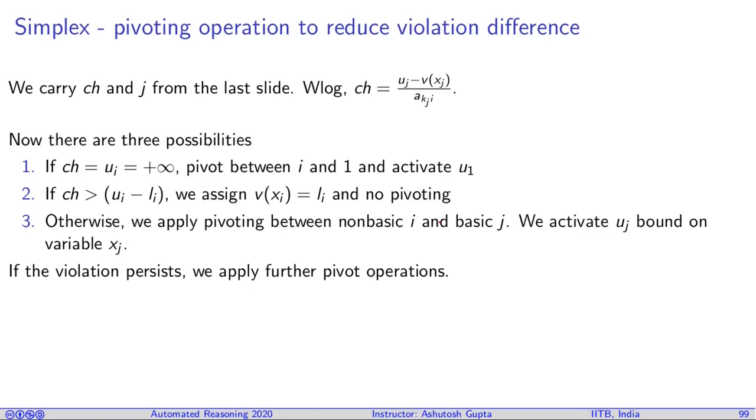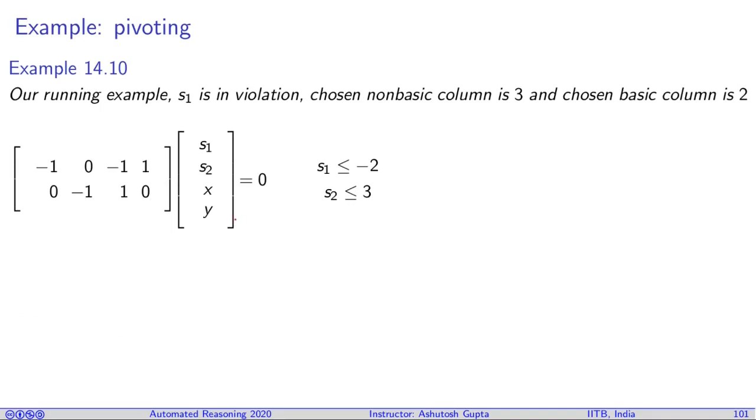What else can happen is that you may end up finding no non-basic variables that can improve your situation. Then you have unsatisfiability. So here is an example in which this guy is your i. When you analyze it, you say, okay, my s2 is to be swapped, so this is your j to be swapped.